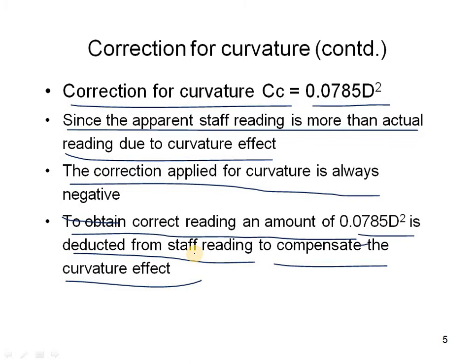So from the staff readings we have to deduct it and compensate for the curvature effect. In this way we calculate the correction for curvature. So this is the derivation of the curvature correction.